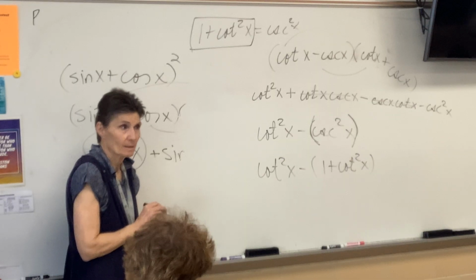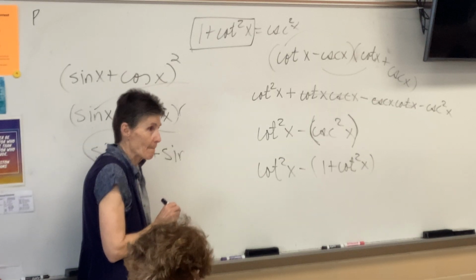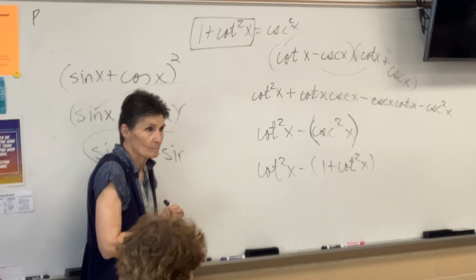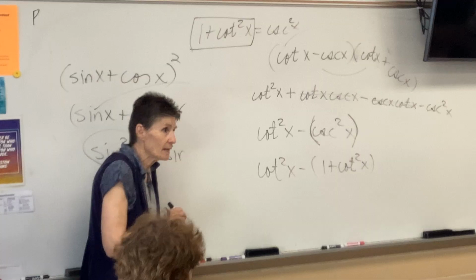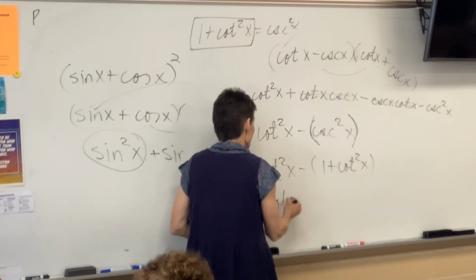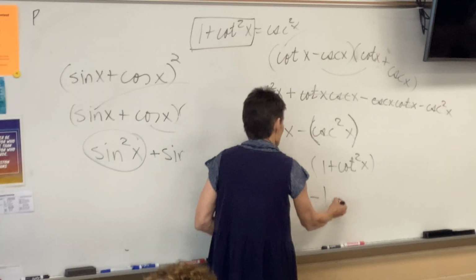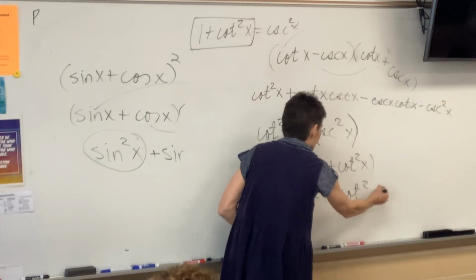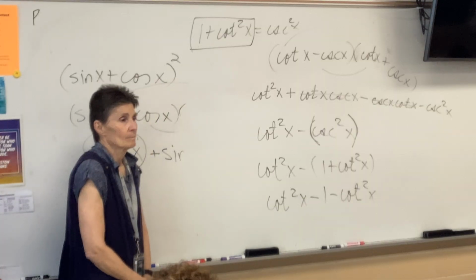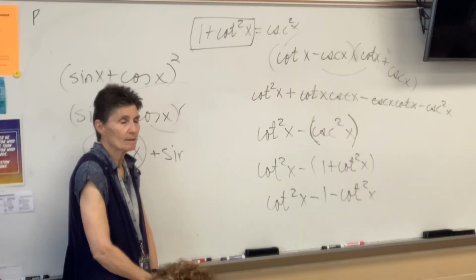Okay? Now, what do you think I should do now? Distribute the negative? I would hang on to it for a minute. Let's distribute the negative. Now, do you notice anything?